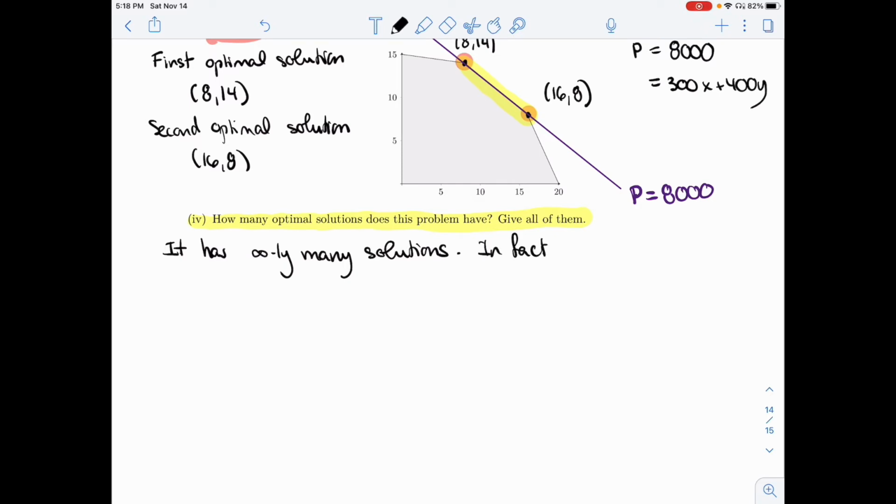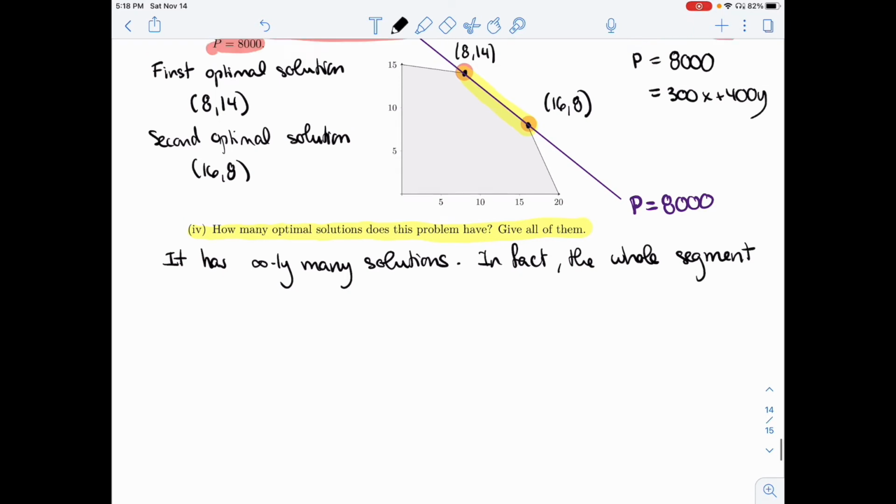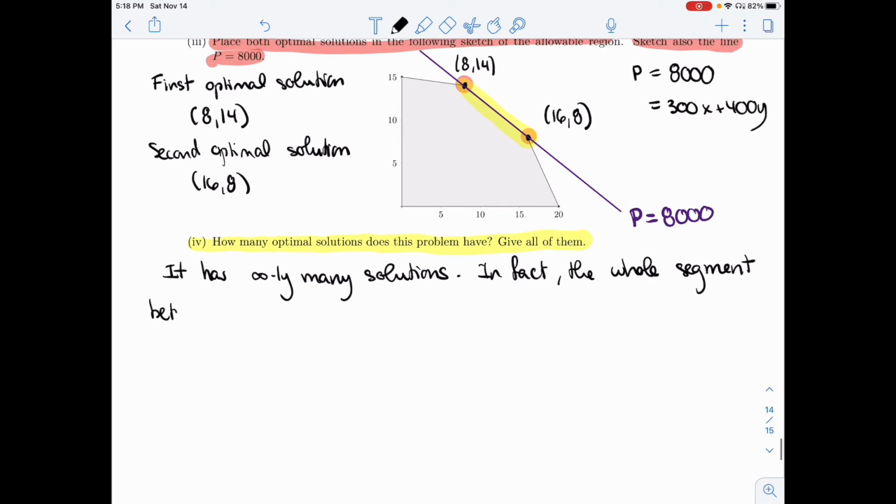So the whole segment between our two optimal solutions, 8, 14 and 16, 8 would be optimal.